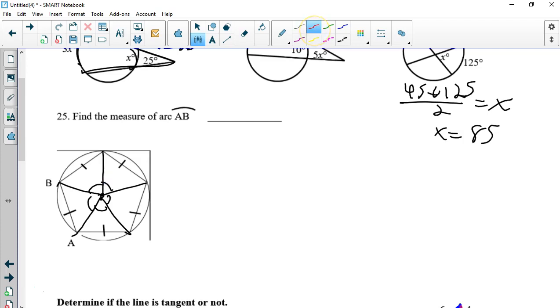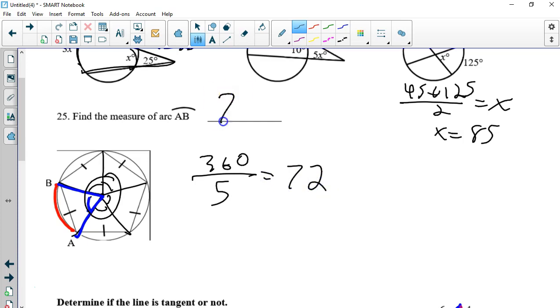So this arc corresponds with this central angle. So if we know the measurement of that angle right there, we know the measurement of the arc. So therefore, this is a circle, which is 360 degrees, divided by 5 triangles equals 72.